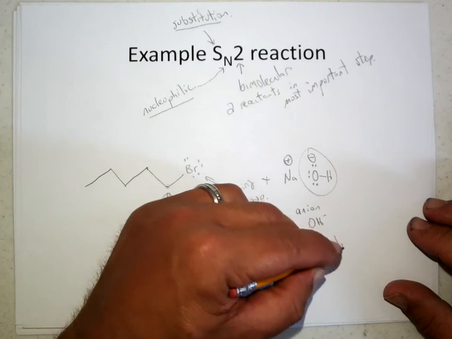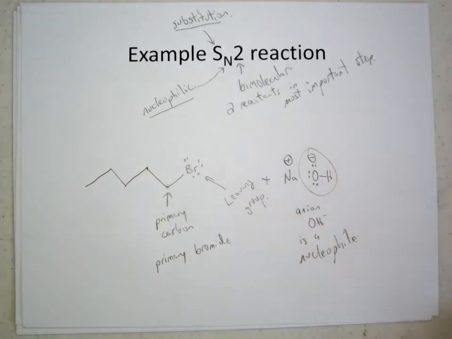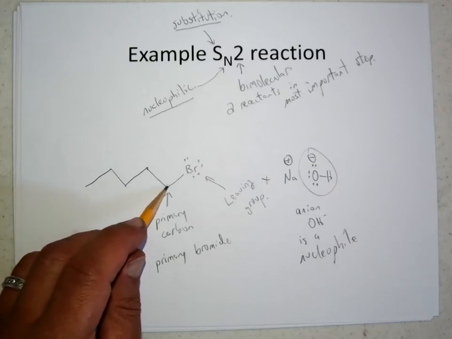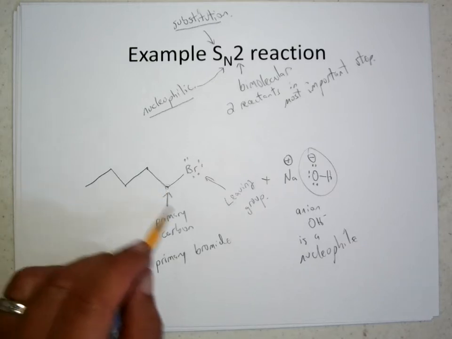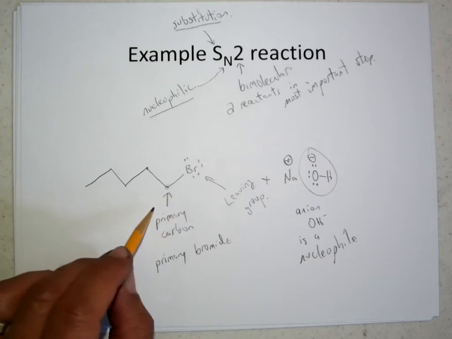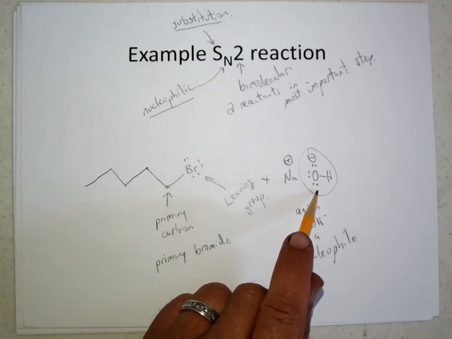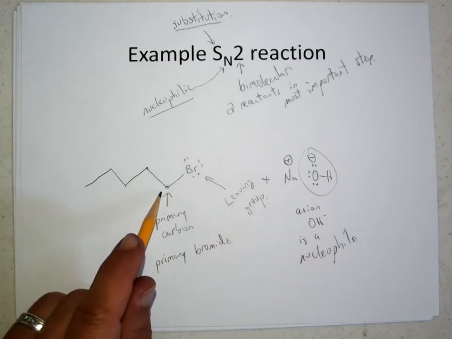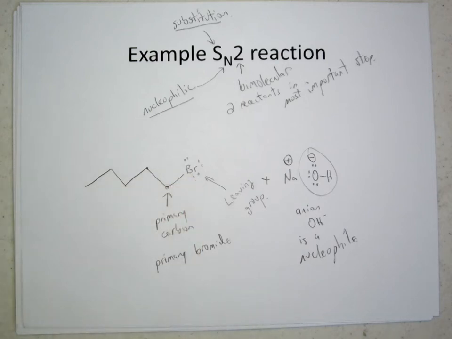These are the things that are going to react. If you have a primary carbon, it's nice and exposed. There's plenty of room back here. Only hydrogens are in the way and they don't take up much space. If you have a good strong nucleophile, then this can essentially move in, hit this, and push off the bromide.